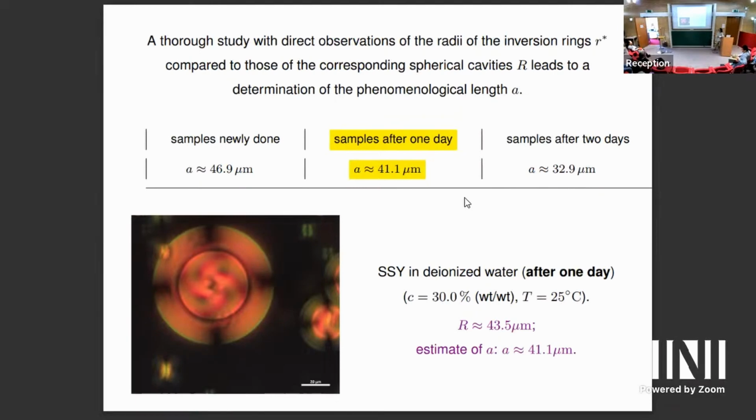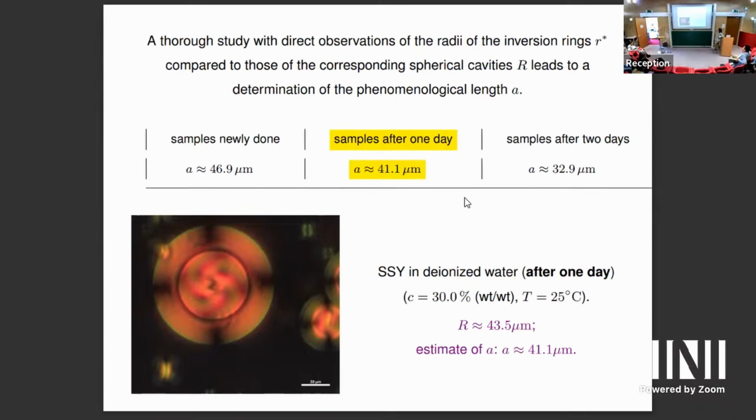In the following, for the comparison between our theory and experimental observations, I prefer to focus for simplicity only on spherical cavities which belong to samples observed after one day from their creation, for which we consider the estimation of A which we have done, which is 41.1 micrometers.